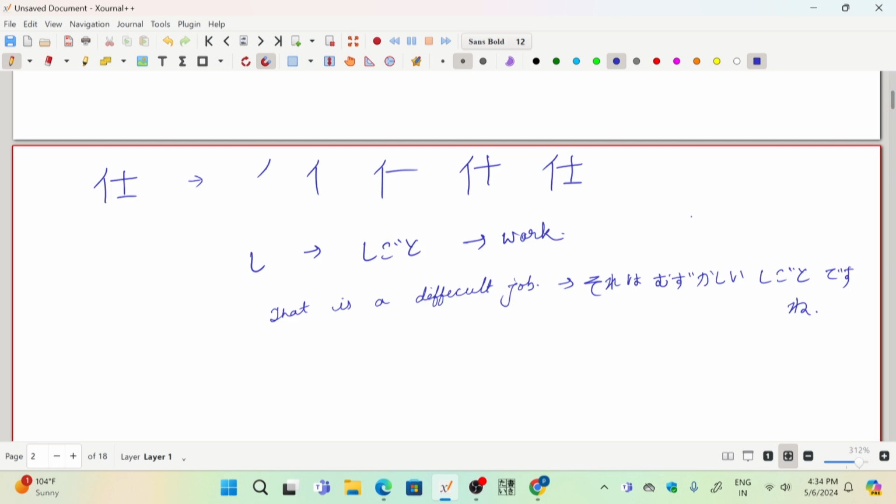Next is the kanji of koto, or it is also called ji.